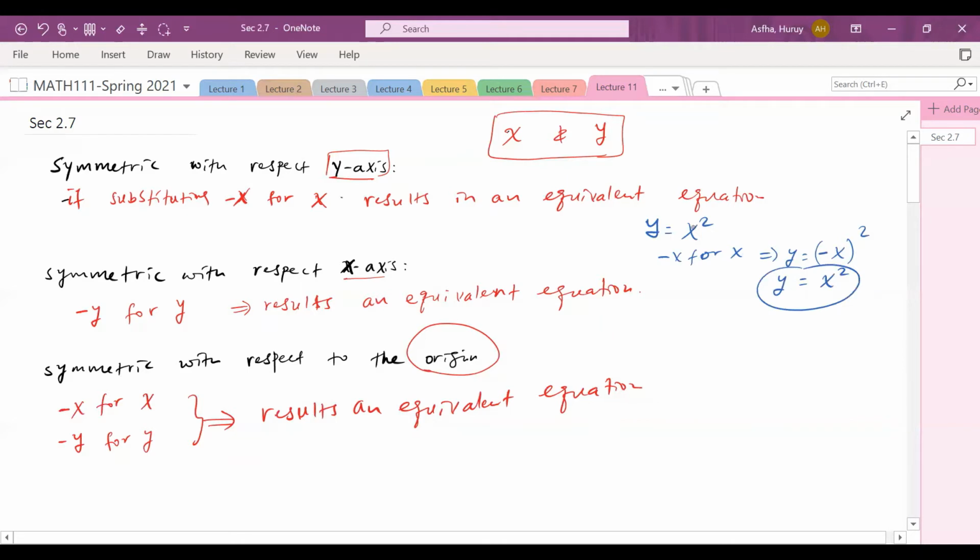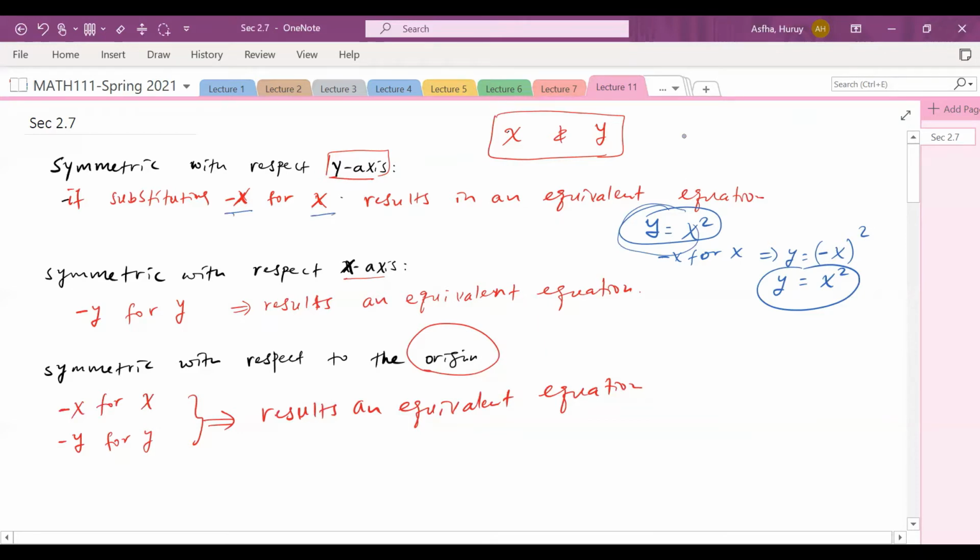So we started with this one, and we end up with the same equation. Therefore, the graph of this function is symmetric with respect to the y-axis.